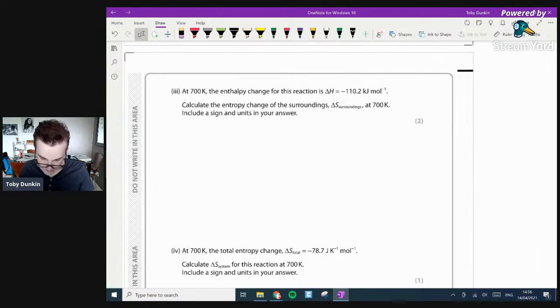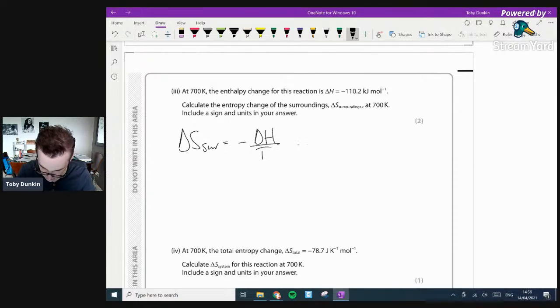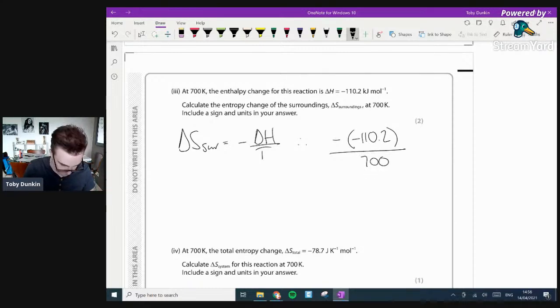At 700 Kelvin, the enthalpy change for the reaction is this. Calculate the surroundings. Delta S surroundings equals minus delta H over T. Insert my numbers: minus brackets minus 110.2 all over a temperature of 700 Kelvin. They've not made us do any conversion tricks so far.